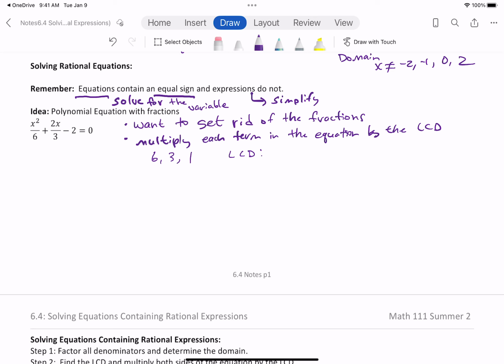So if I start with 6, I want to know if 3 will divide evenly, and it does. And if 1 will divide evenly, and it does. So my LCD is going to be 6. So now I'm going to multiply each term in the equation by that LCD.